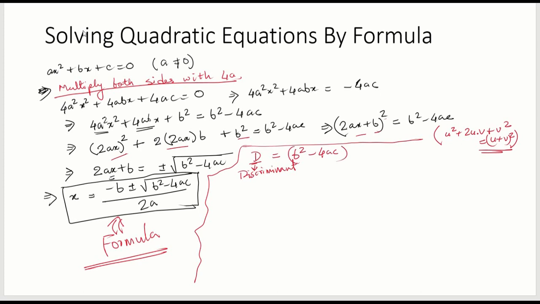Right? Now there will be three types of solutions, three types of roots for a quadratic equation. Let's see what are the three types of roots that we will get from a quadratic equation. Let's write here case 1, case 2, case 3.